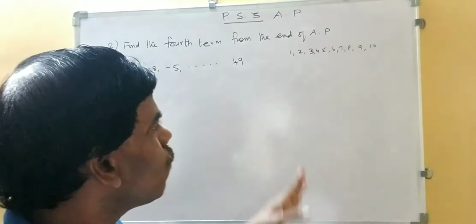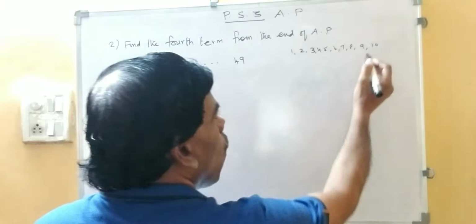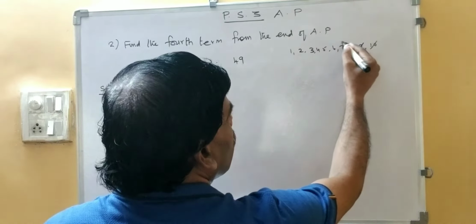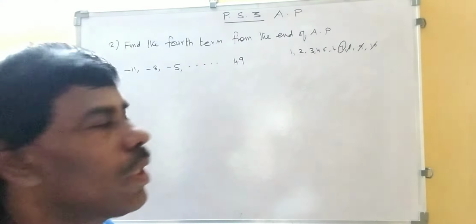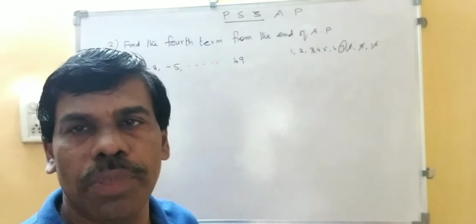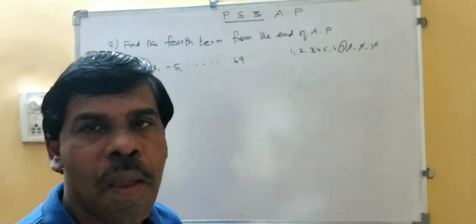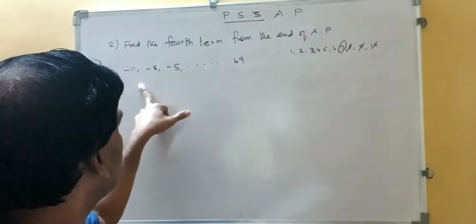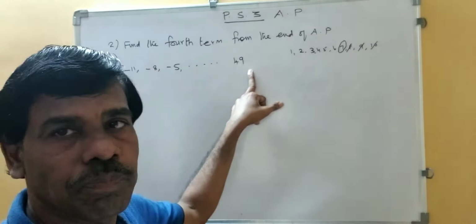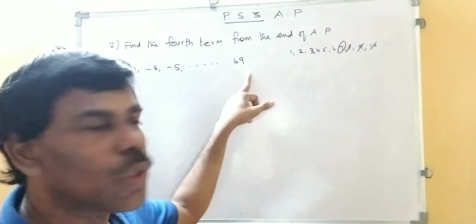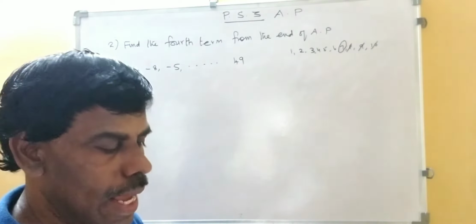If you are asked to find the fourth term from the end, you count 1, 2, 3, 4, and you can usually say that the fourth term from the end of this progression is 7. But here it is not like that. They have given minus 11, minus 8, minus 5 up to the last term. So now you need to find out which is the fourth term from the end.